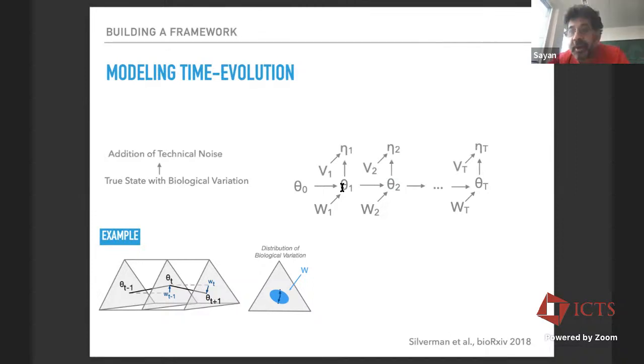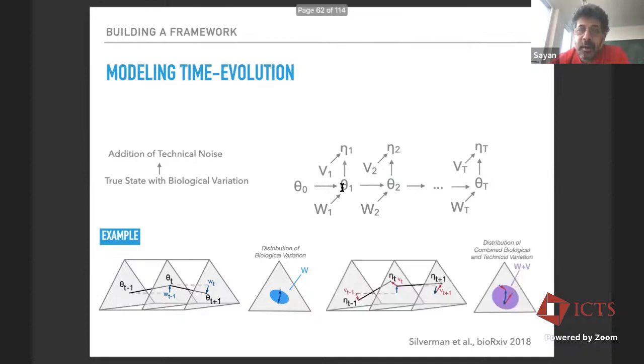Then you have technical noise, right? Because you always have technical noise. And then you have your observed counts, which are super noisy, right? And in a way, what you're really interested in is breaking down the W and the V. You want to break down the biological variation versus the technical variation. Okay?